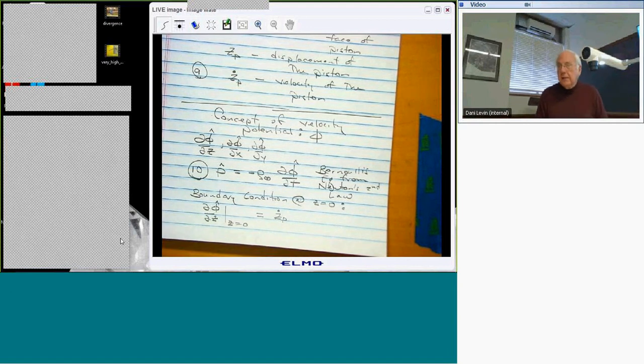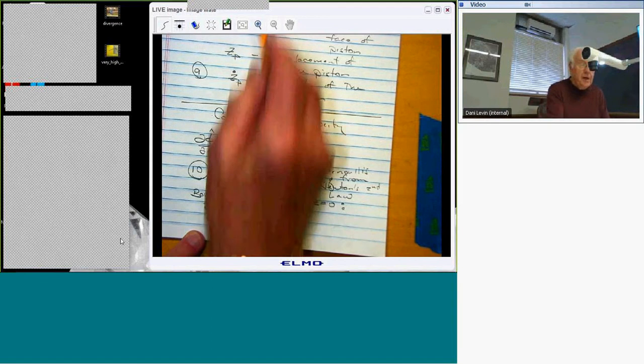That's the boundary condition. So now I have a boundary condition involving phi. Using Bernoulli's equation I've converted it into a boundary condition involving p, because that's what I need to evaluate that constant.